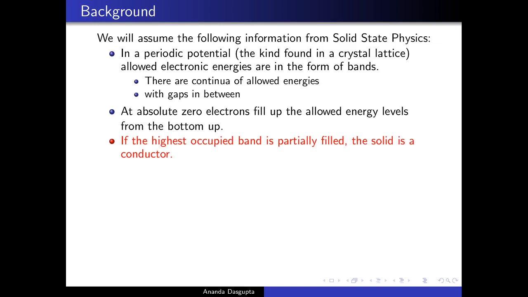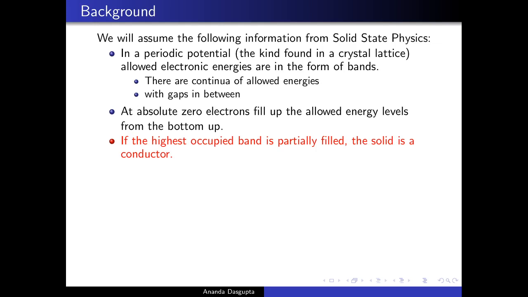Now, the way in which electrons can respond to external fields is by changing their state and going to a neighboring state. Now, if the highest occupied band is partially filled, then close to the level that an electron already occupies, there are other empty levels. Note that electrons being fermions, they cannot go to a level where there already is an electron.